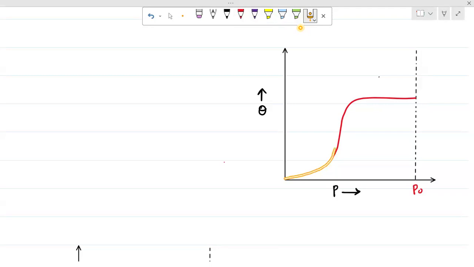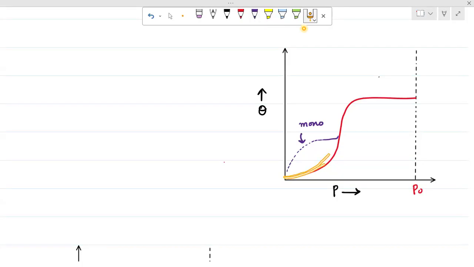Initially itself, it is increasing like this and not like this. You have to understand that if it is a monolayer formation, the way it increases is like this, and then it attains a plateau and then goes for a multi-layer formation. So this indicates monolayer formation. But over here, it is not a monolayer formation. It is a multi-layer formation from the beginning itself.